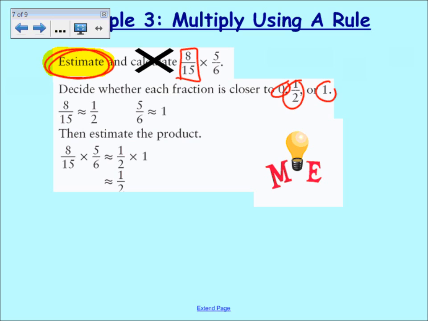So we're going to write this as 1/2. 5 over 6 is closer to 1 than it is to a half. So 1/2 times 1 is 1/2. 1 can also be written as 1 over 1. 1 times 1 is 1, 2 times 1 is 2. So 1 over 2.